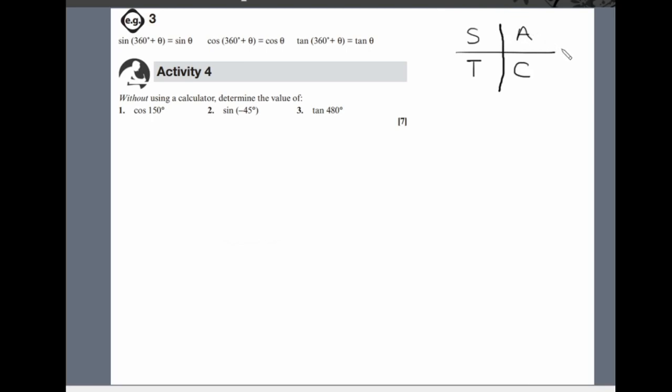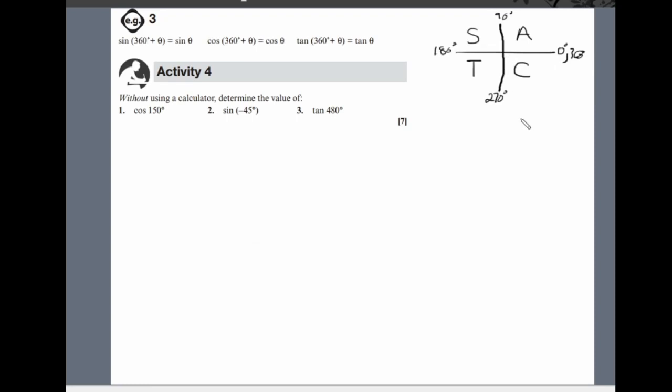In the first quadrant, our angle theta will be between 0 and 90 degrees, in the second quadrant it will be between 90 and 180, in the third between 180 and 270, and in the fourth between 270 and 360.